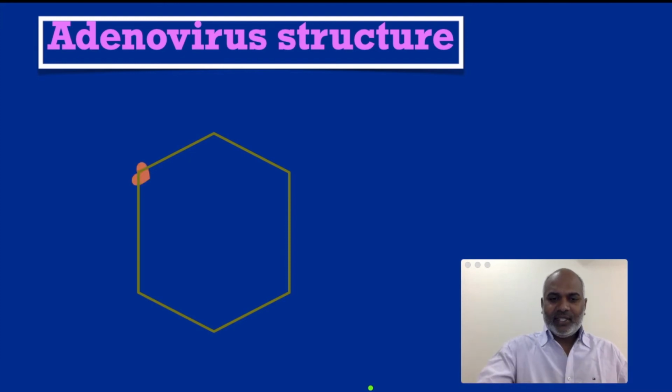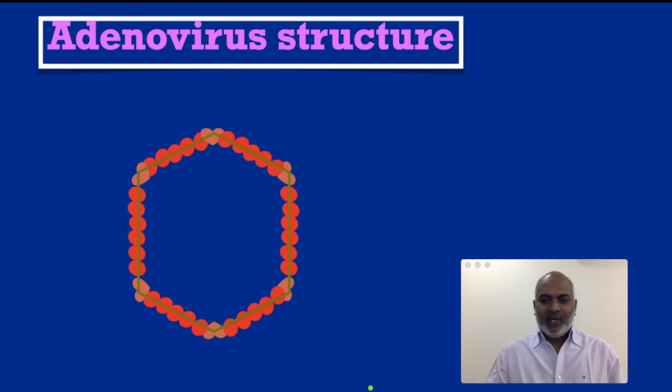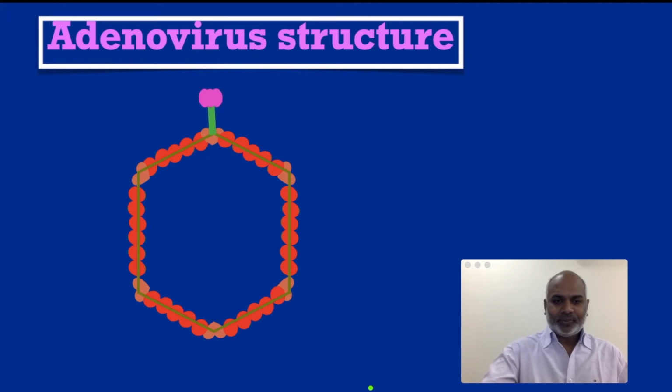In that hexagon, it has different types of viral proteins, filled with different shapes of capsomeres. Due to that building, they form the viral capsid.